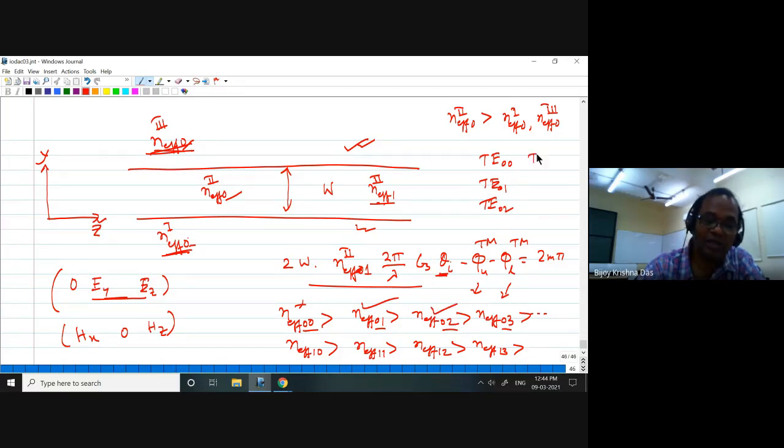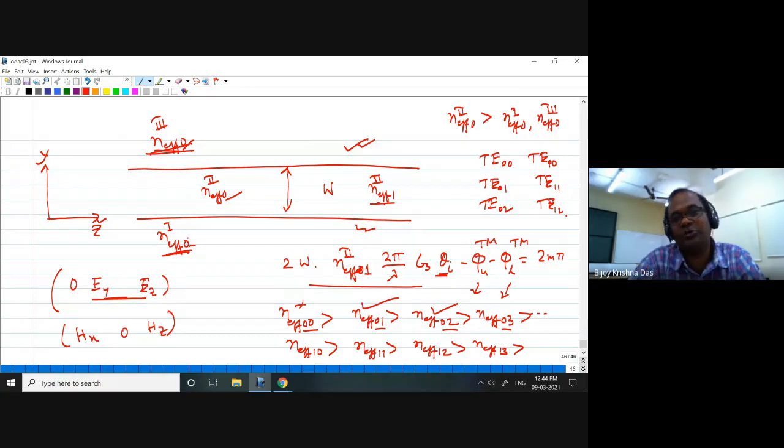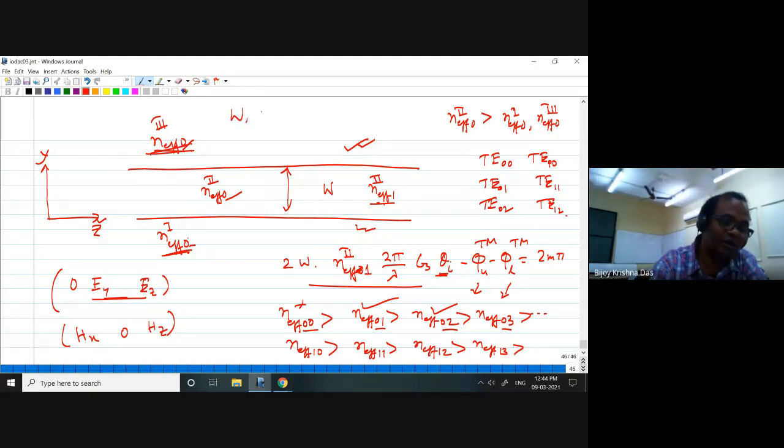Similarly, I can write TE 1,0, TE 1,1, TE 1,2, and so on. As many solutions as you get which are confined, they are actually solutions. You can control the W value, H value, and small h value so that you get only this solution. Others will be leaky. Then that will be a single mode waveguide.